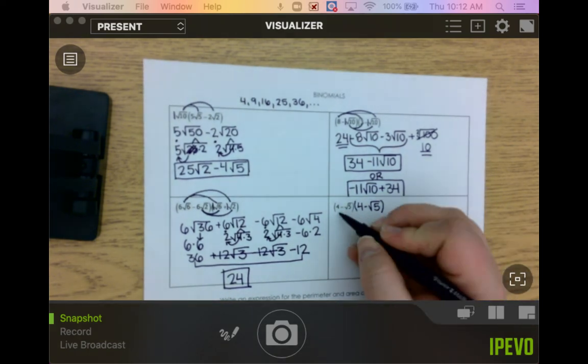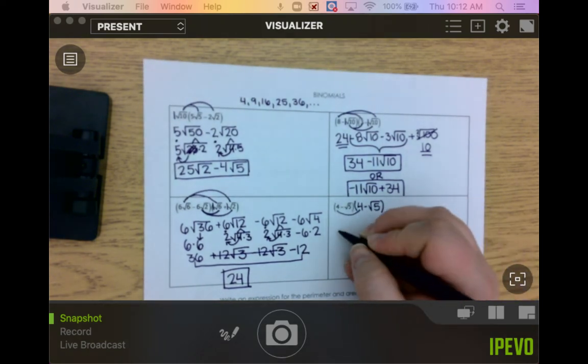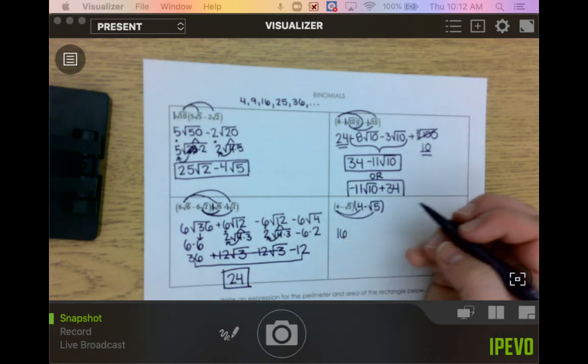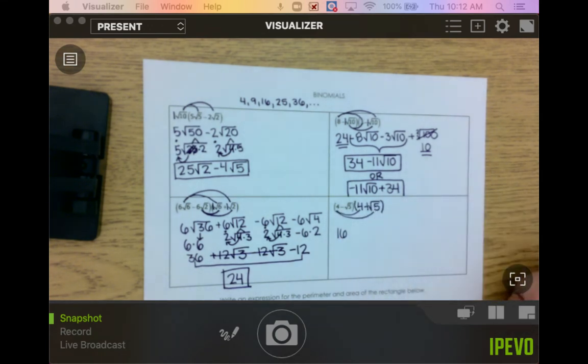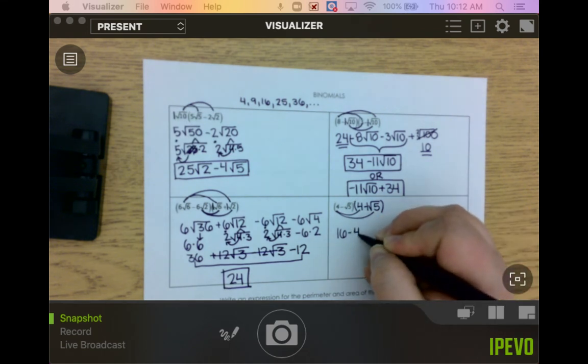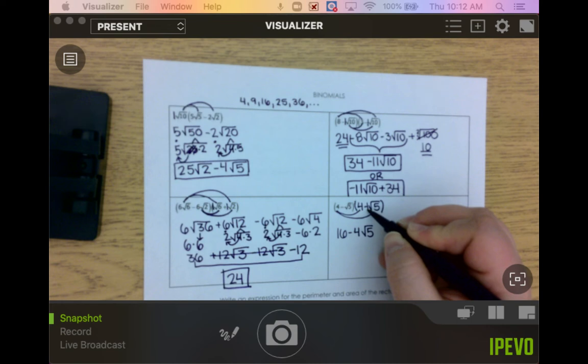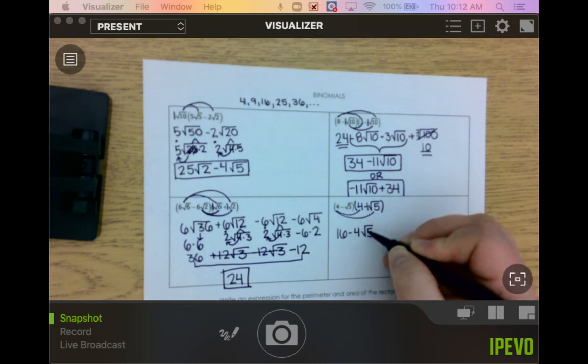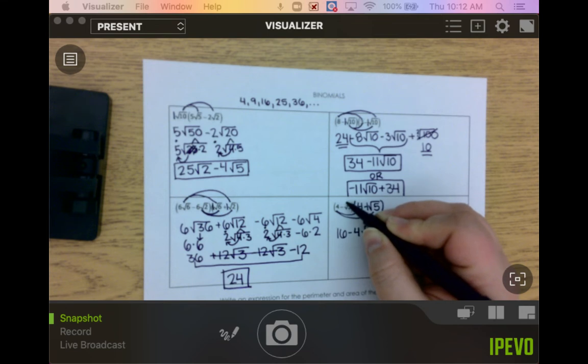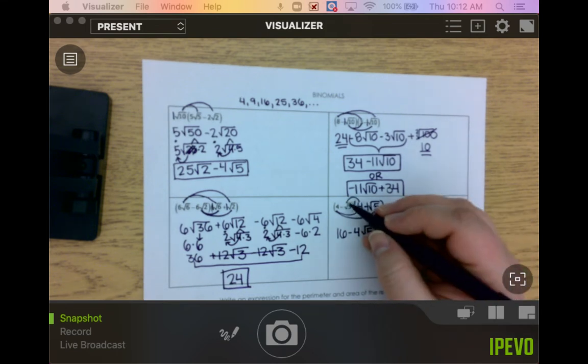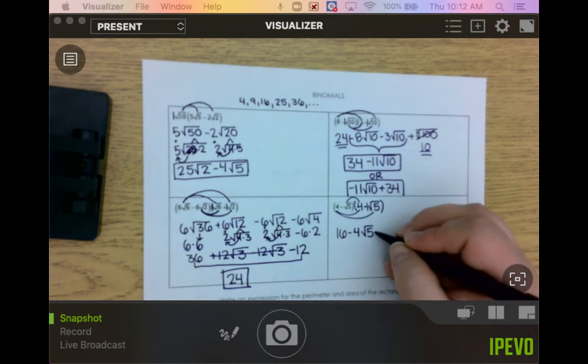Then 4 times 4 is 16. 4 times the square root of 5, sorry, -1 square root of 5 is just going to be -4 square root of 5. 4 times -1 is your outsides, and it's only 1 square root, so the 5 has to stay there with the square root. And then square root of 5 times 4.